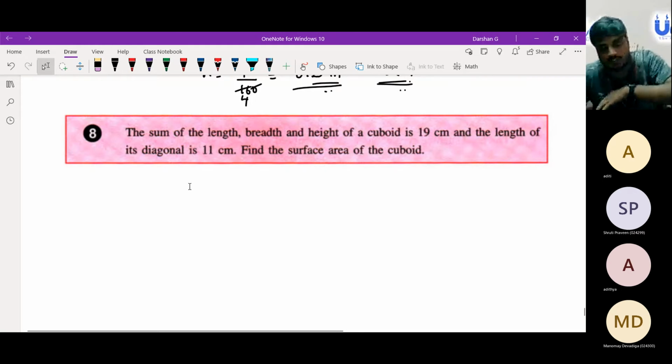Okay, this will be the last question for the day. So, yeah, let's see who will get this question right quickly. 30 seconds left.